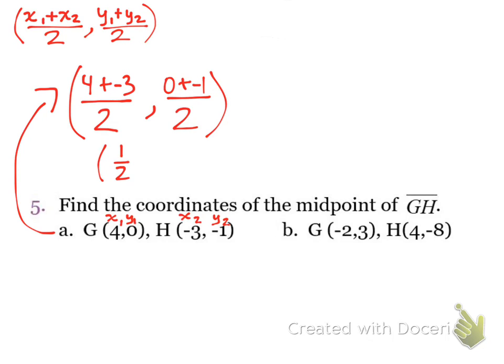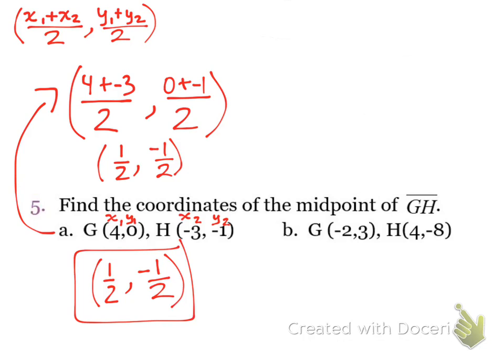So I've got 1 over 2, comma. What is 0 plus negative 1? Negative 1 over 2. Will those simplify at all? No. So if you want to write them as decimals, you can, but I would just leave it positive 1/2, comma, negative 1/2. There is our answer.